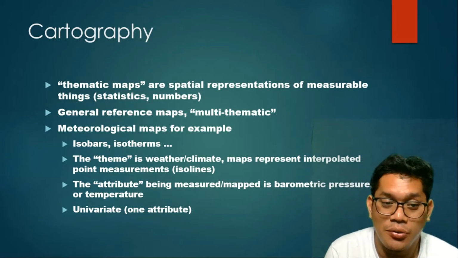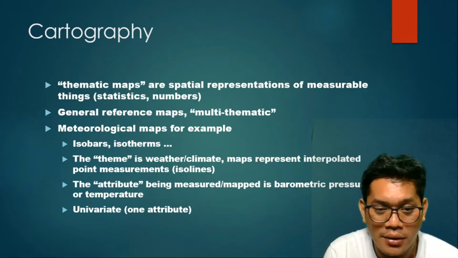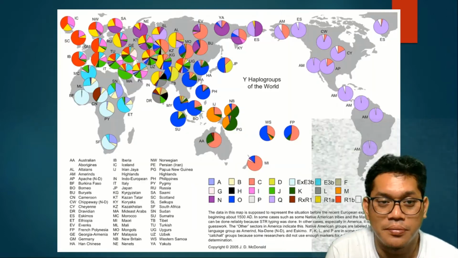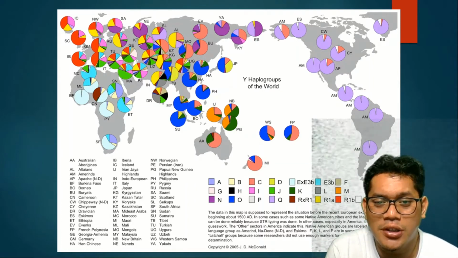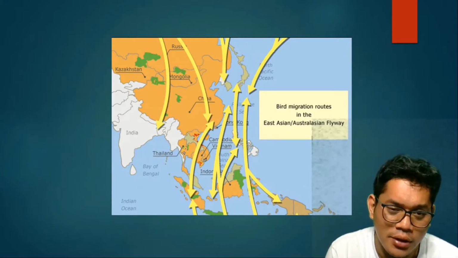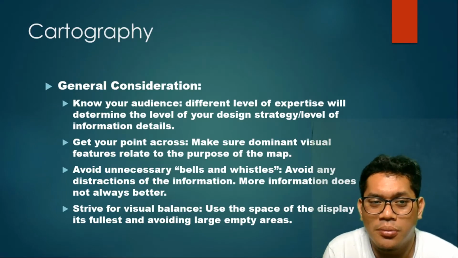The theme is the weather, so the attribute is the temperature or something like that, and every map shows one attribute to another attribute. Okay, so these are examples of the maps that you can see here. Different kinds of maps. They must be nice and informative enough. They have beautiful colors. Colors must not block and so on.